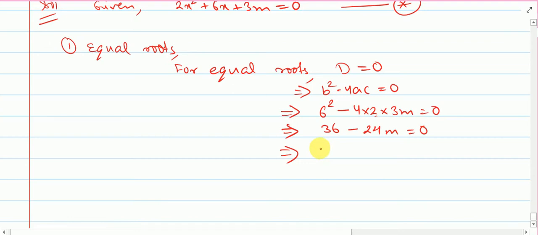Now here what we can do is 24m equal to 36, and then m will be 36 by 24.